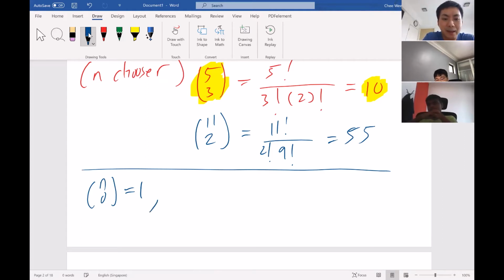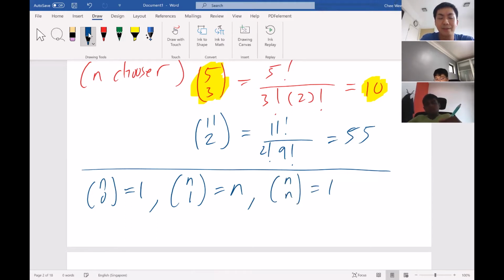N choose 1 is equal to n. If you have n players on a football team and you need to choose 1 to be a goalkeeper, there are n possible choices. N choose n is equal to 1. If you happen to have 11 players on a football team, you need to choose all 11 players to play. There's only one way, and that is to choose everybody out there. These are some special results that you need to be aware of.